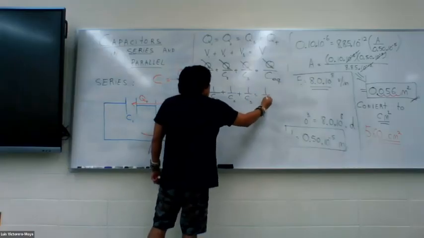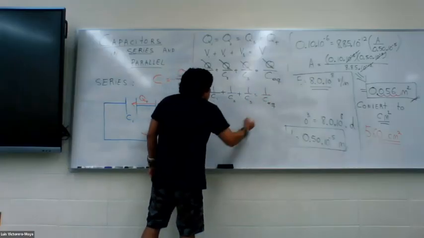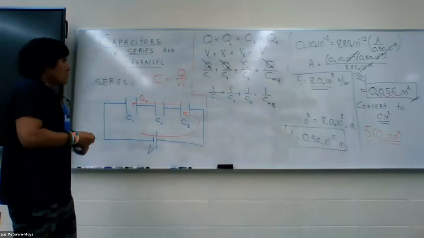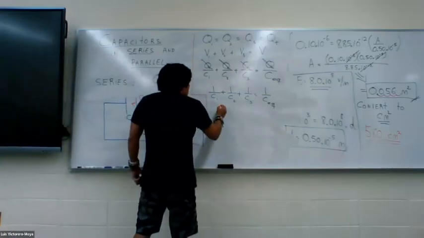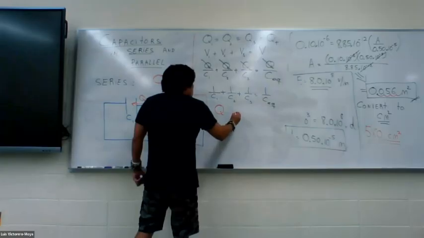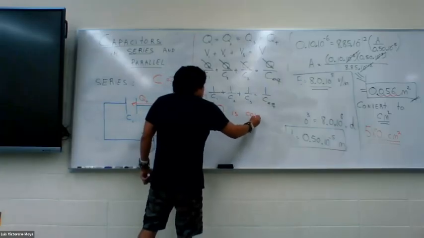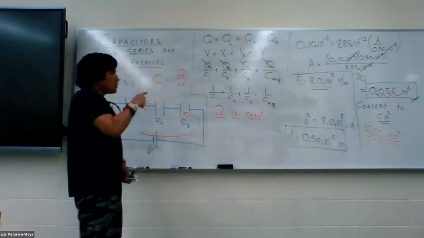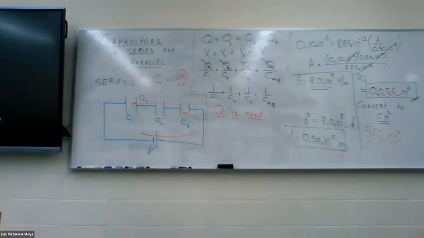That's equal to 1 over C. And remember, Q is constant. Not voltage, but charge. That's capacitors in series. All right.